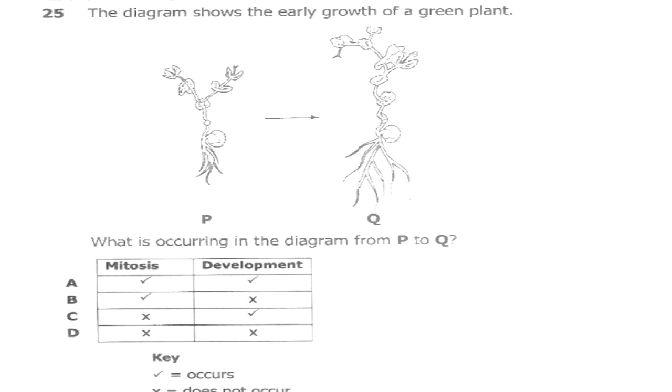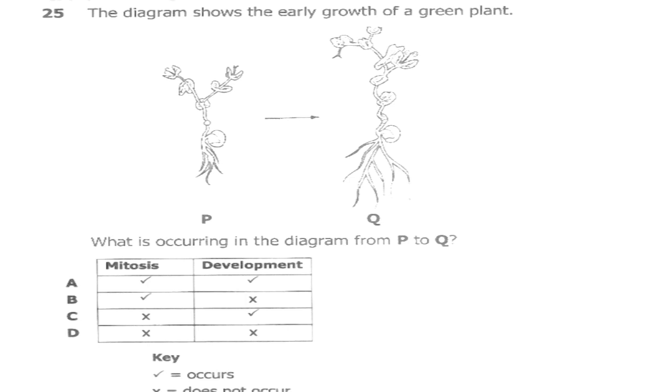A, mitosis and development, B, only mitosis, C, only development, D, none. So our answer will be A, mitosis and development. For the plant to grow, development will take place, and for the cells to be divided, they undergo mitosis. So here our answer is A.